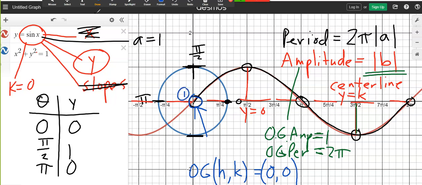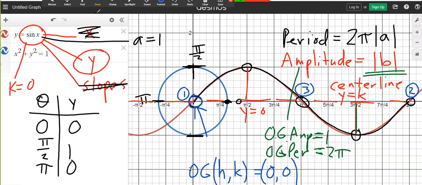I always graph this point first. I always graph this point on the far right second, because between those 2 points is the period. I graph this point third. Those 3 points are all on the center line of the wave.